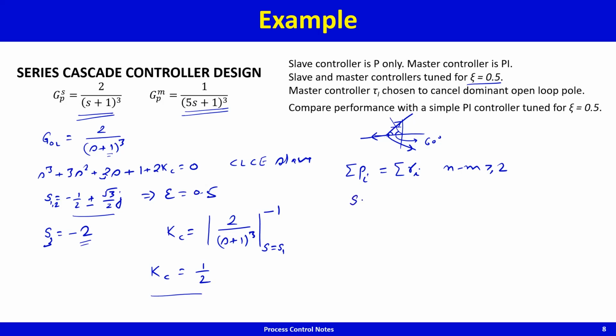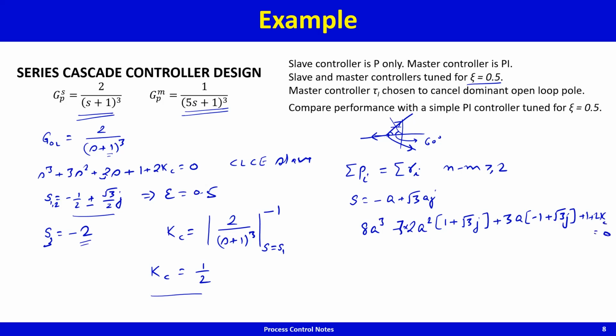So if I put s equal to minus a plus square root 3 a j into the characteristic equation, what I'll get is 8 a cube minus 2 a square into 1 plus square root 3j times 3 plus 3 into a into minus 1 plus square root 3j plus 1 plus 2 Kc equal to 0.